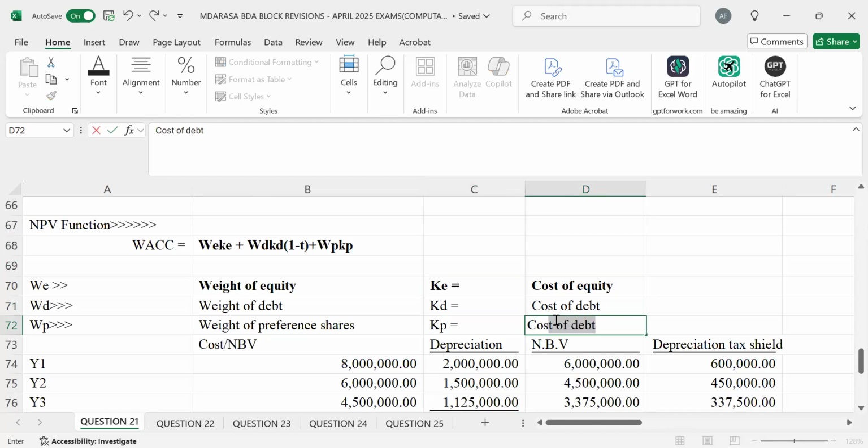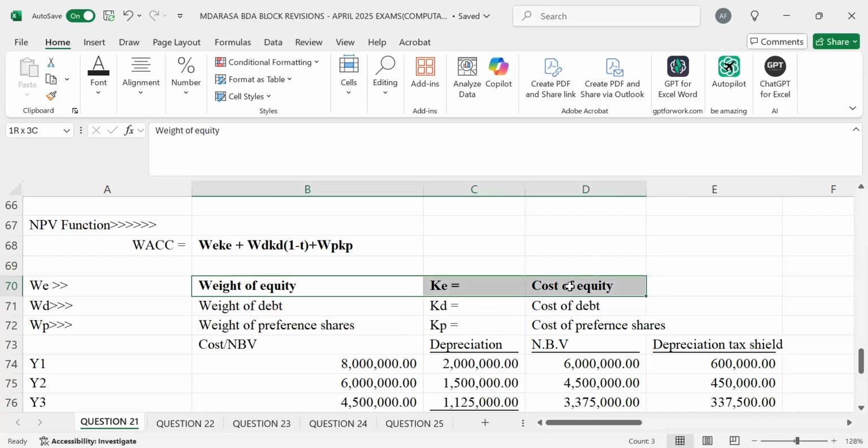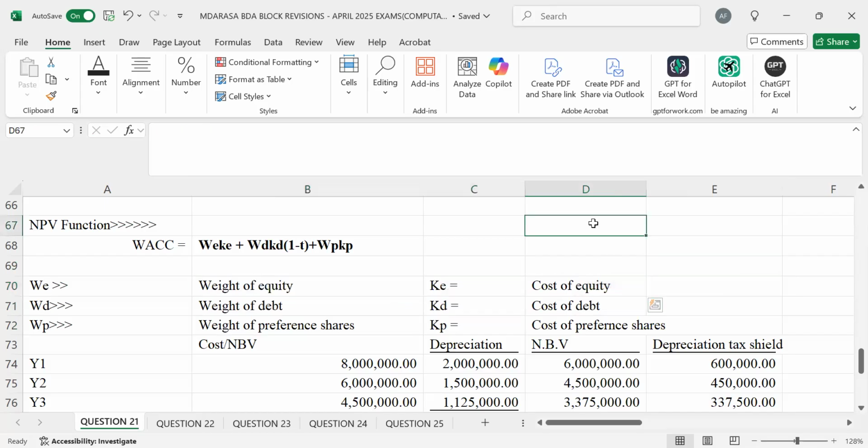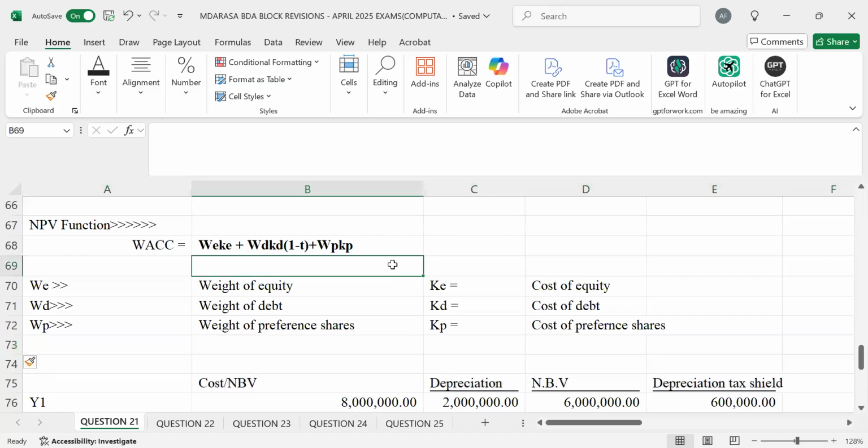In 1 minus T, T symbolizes the component of our tax rate.